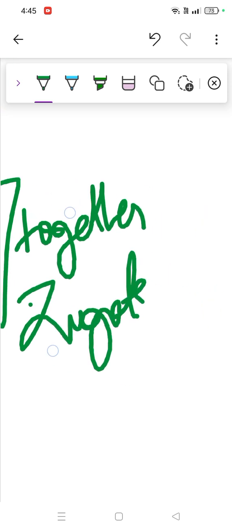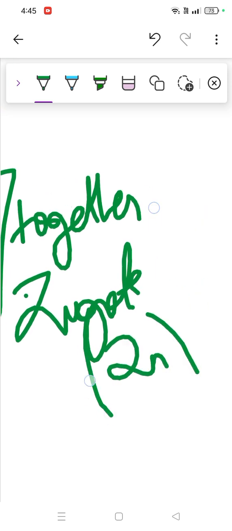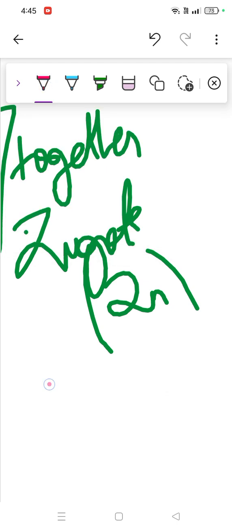So the zygote is formed by fertilization of the ovum and sperm. I'm sure it will be clear.